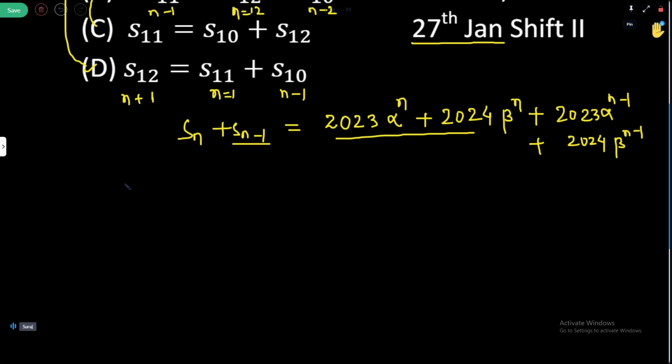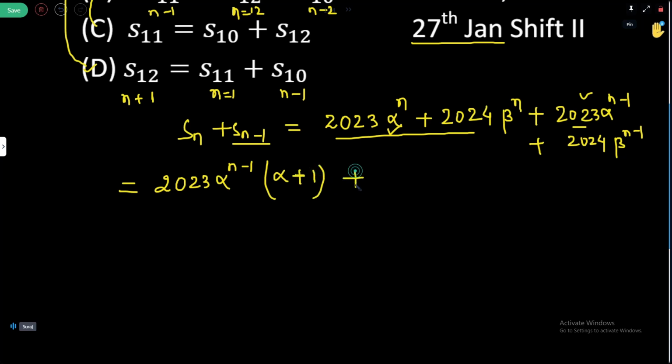Now next step, we will take here alpha and here is alpha, beta and here is also beta. So just taking common, we get 2023 will be the common factor, alpha power n minus 1 will be a common factor. Here you will get alpha and from here you will get 1, so alpha plus 1.